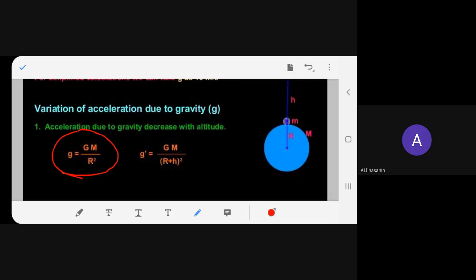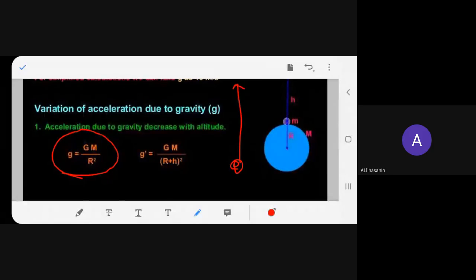It decreases with altitude. That means when we throw it up, the more it goes, the acceleration due to gravity is less. Do you remember? For example, this is the ball. I've thrown it up. Here it reaches.